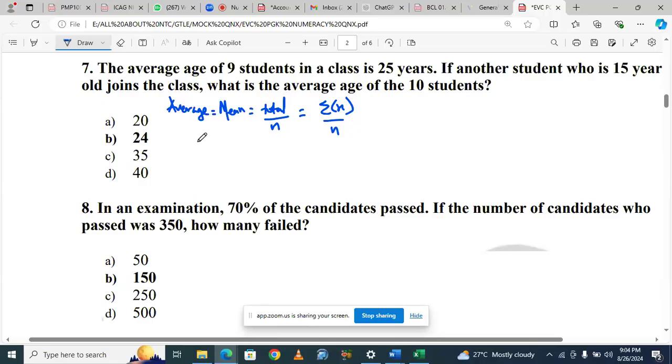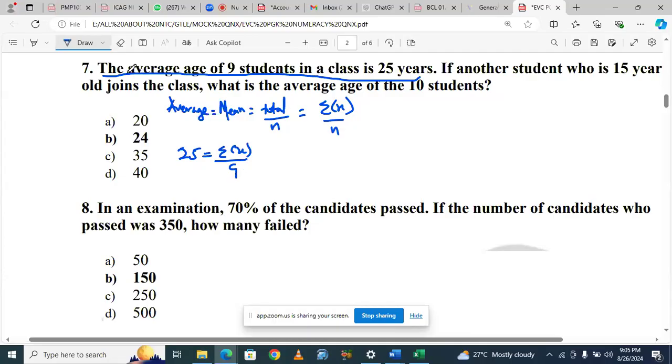So mathematically, that is what the first line would mean: 25 is equal to sigma x all over 9. Can we all understand that? Please, we all understand?